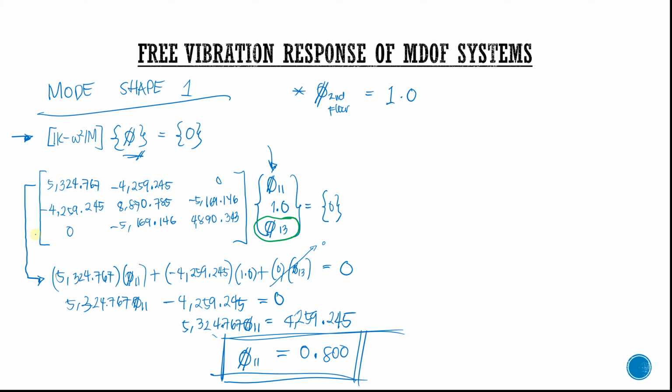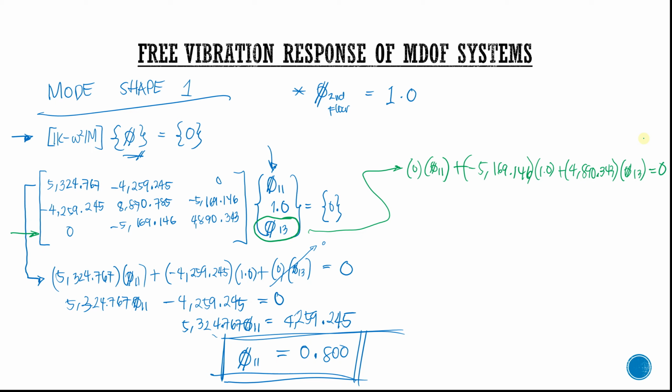We'll be using the third row here. Let me write it here: we have 0 times phi 11 plus negative 5,169.146 times 1.0 plus 4,890.343 times phi 13 is equal to 0.